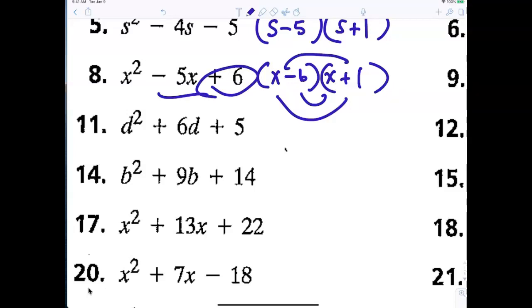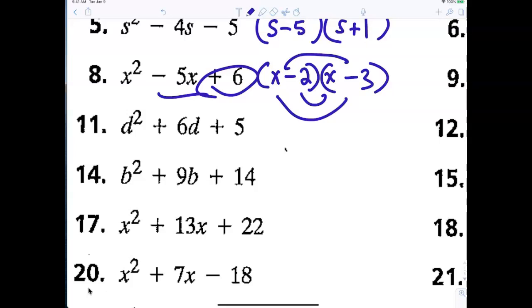I need you to listen to that and pay attention and understand what I'm saying. There's like 3 or 4 where you can have 2 possibilities. So instead of 6 and 1, we should probably do what? 2 and 3. And it would be minus 2 and minus 3. You should get them all right.